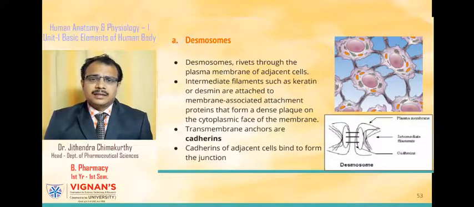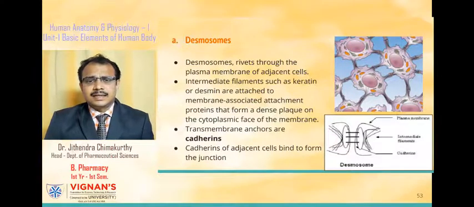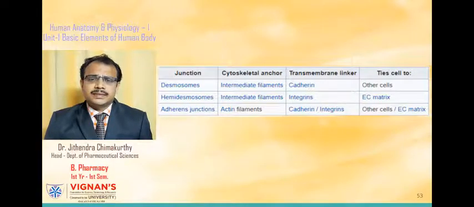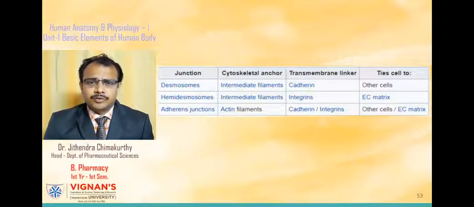In this way, the transmembrane links of two cells, that is, the adherents of two cells, link together to form this junction, making the cells in a tissue tightly bound to each other without getting dispersed in the extracellular fluid.